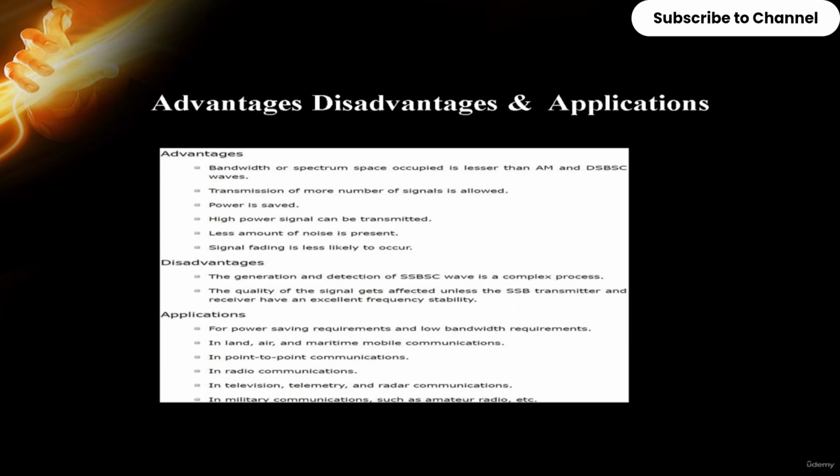What are the advantages and disadvantages? The advantages of using this modulation are that the bandwidth or spectrum space occupied is less than AM, more signals are allowed in transmission, power is saved, and high power signals can be transmitted.